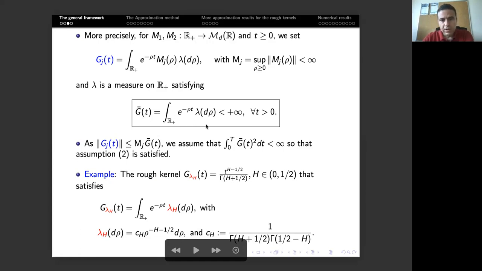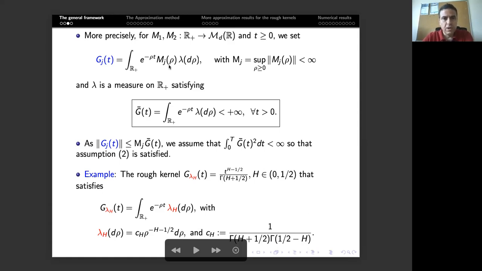So a kernel that can be written as a Laplace transform of a positive measure like this one is, of course, called in the literature a completely monotone kernel. That's why the title of the talk is stochastic Volterra equations with completely monotone type kernels, because we treat the multi-dimensional problem, and we have this additional multiplicative matrix M_G that appears here in the kernel.